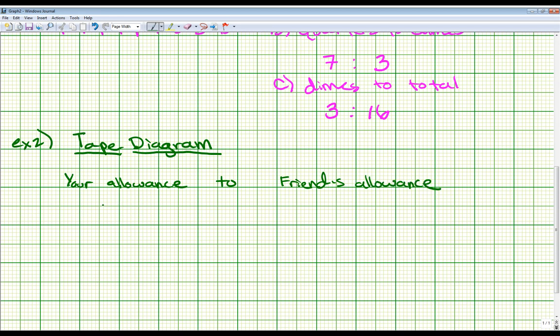And they give us a ratio of your allowance to your friend's allowance, and they say the ratio is 5 to 3. So I'm going to put a 5 on this side, colon, and a 3 on this side. So the 5 represents yours, and the 3 represents your friend's. They also tell us that the total of all the allowance that was earned combined is going to be $40. So that's important to know.